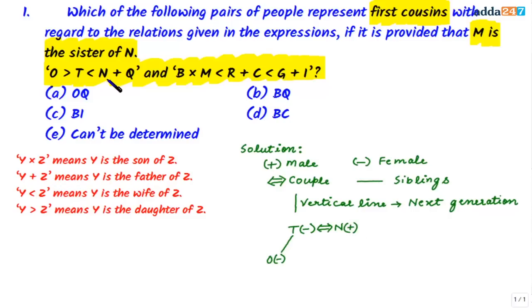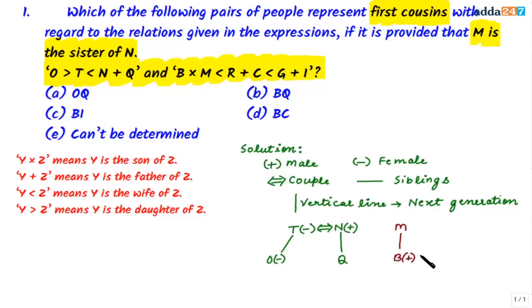Then we have N plus Q. From this relation, it follows that N is the father of Q. So N is the father of Q will mean that Q is the next generation. Then we have B cross M. B cross M will mean from this information that B is the son of M. So here we will have M, and in the next generation, we will have B, and B is the son, so this will be male.